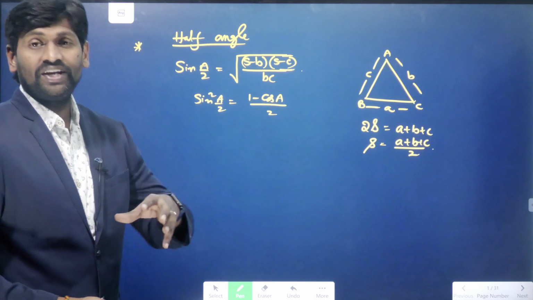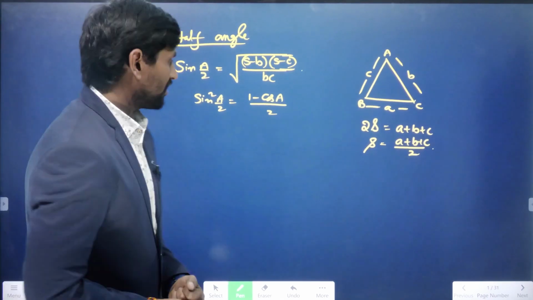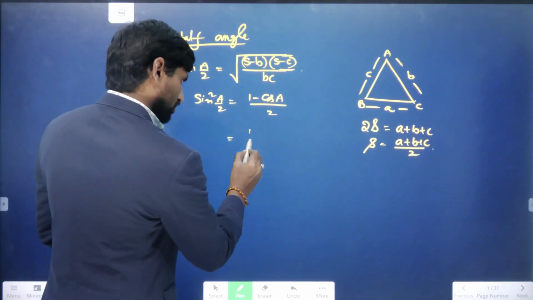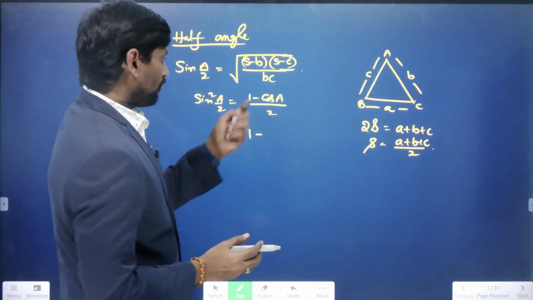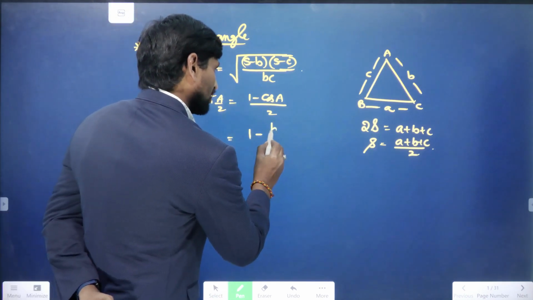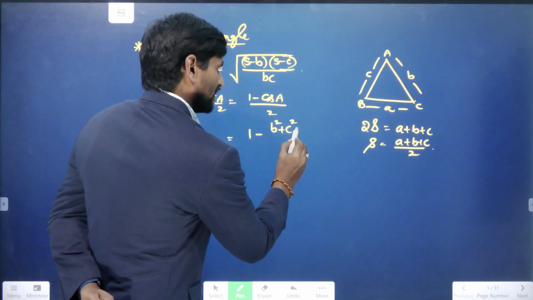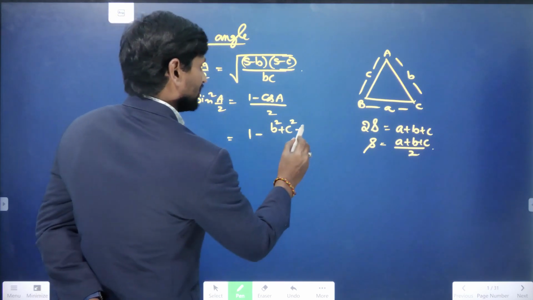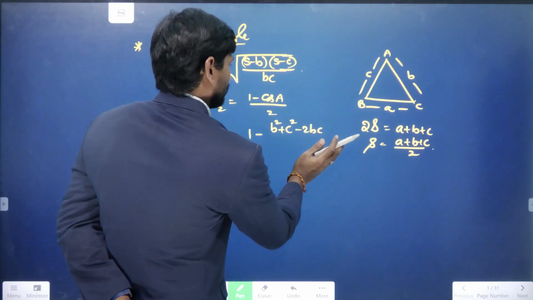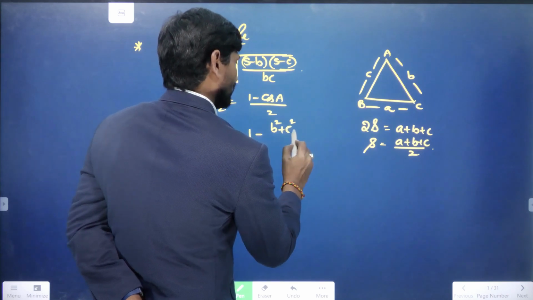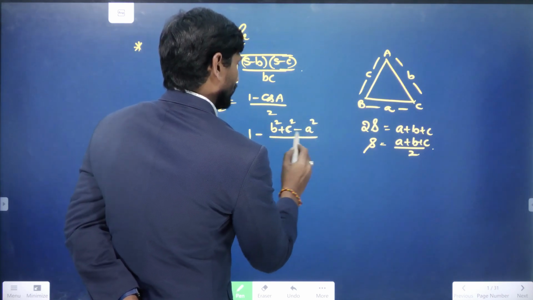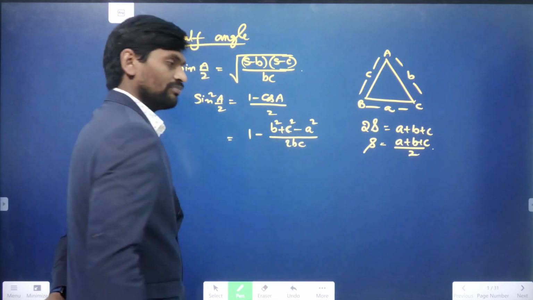In the previous class we discussed the cosine rule, and I am just applying the cosine rule here. In 1 minus cos A, we can write cos A equals (b square plus c square minus a square) by 2bc.